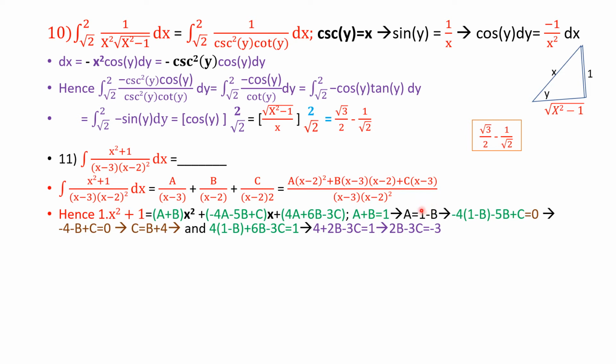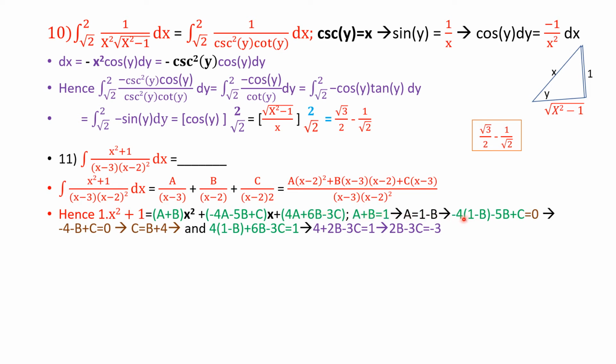Now, the coefficient of x is 0 because we don't have any term of x. So we say the coefficient of x is 0, so this value is equal to 0. The only thing we did is we replaced a by its value, because we argued that a plus b equal to 1 means a is equal to 1 minus b.